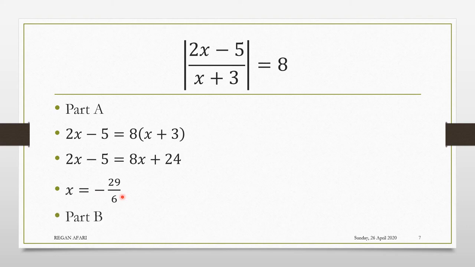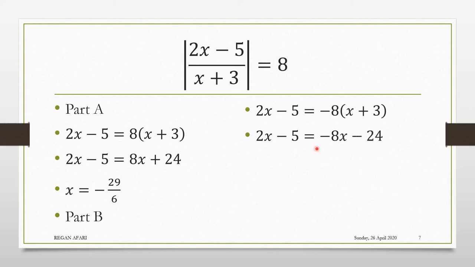Okay, so let's check part B. That is when we equate the same thing to negative 8, then we use the denominator to multiply the negative 8. So this is what we have. Also, we expand the bracket. We will get -8x, then negative times positive is negative.